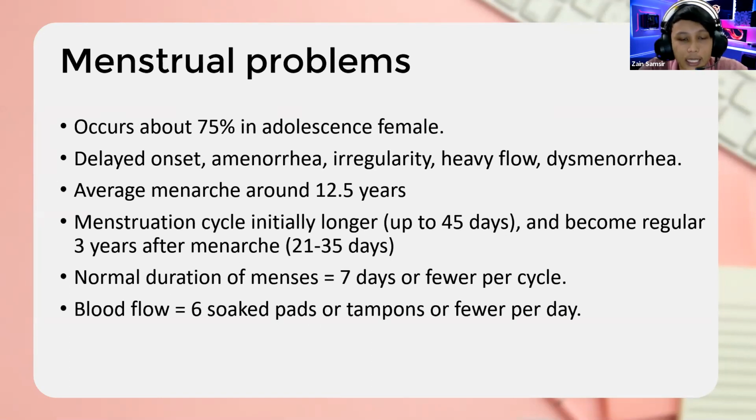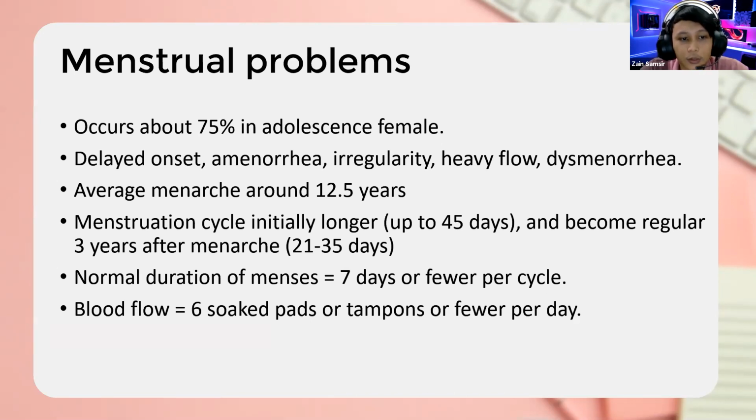The average menarche of the adolescent is around 12.5 years, or 12 years 6 months. The menstruation cycle is initially longer, up to 45 days, and usually becomes regular after 3 years of menarche, where the normal cycle is 25 to 35 days.